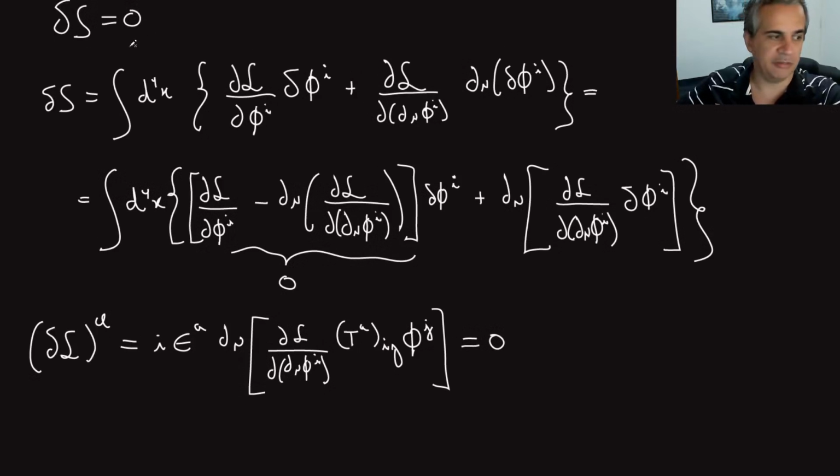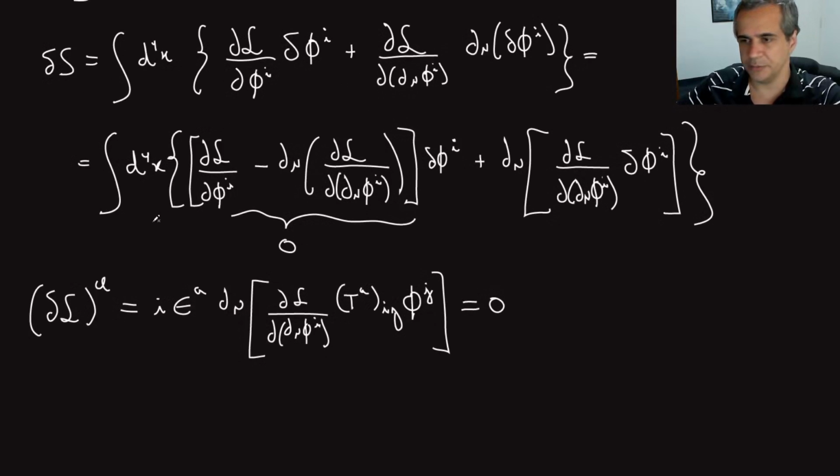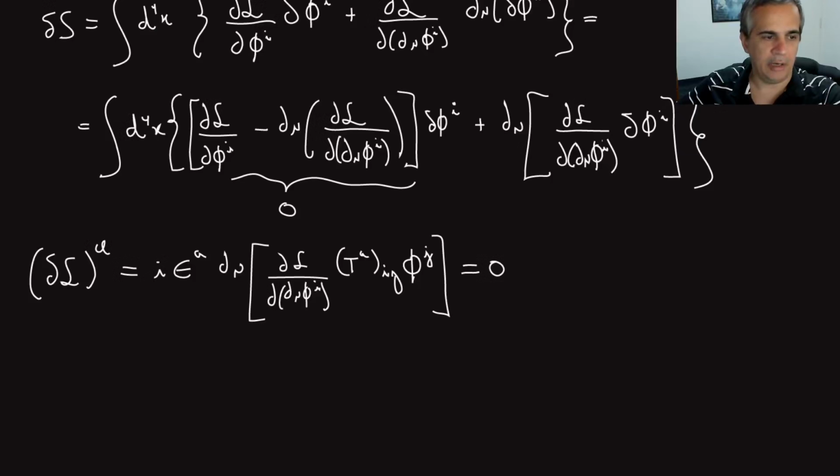So the action is invariant over this, right? And what I'm saying is that I can name this guy J mu A. There's an index A which is not contracted here, and there's mu. The I and the J's are all contracted, which is another current.